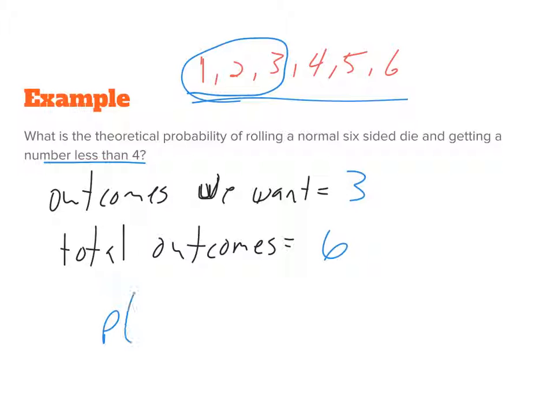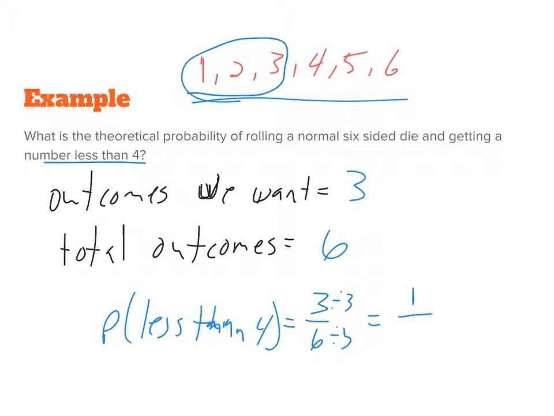So the probability of less than 4 we would say is 3/6. If we can simplify the fraction, we need to. So I can divide the top and the bottom by 3, giving me a probability of 1/2. So half of the time, we're going to roll a number less than 4.